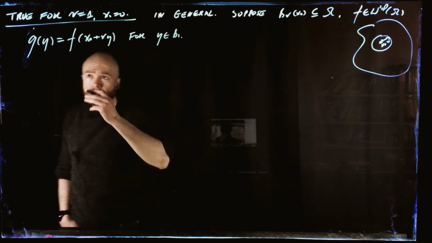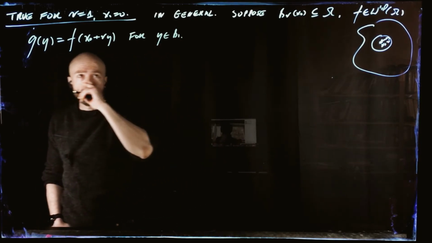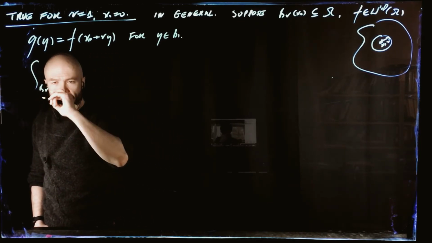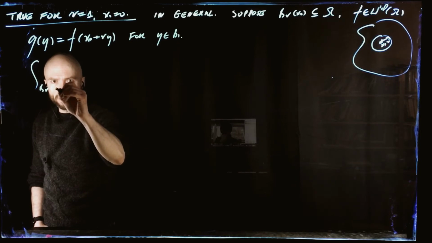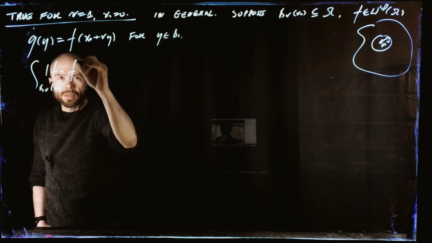Yeah? And then let's rewrite the inequality in terms of g and see what we get. So on the left-hand side of the Poincare inequality we're interested in, we have this kind of expression, f minus its average.